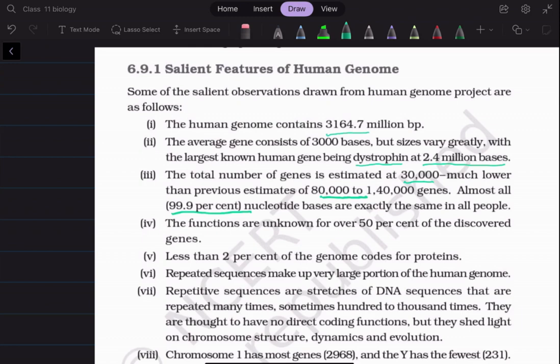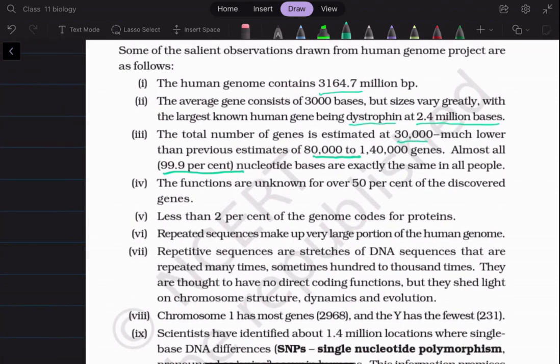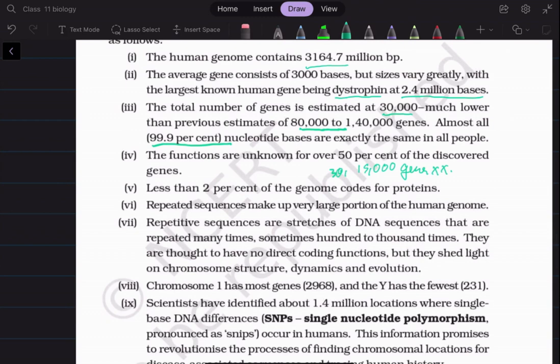Only that 0.1% which is there makes us different from each other. The functions of over 50% of the discovered genes are unknown. So we have 30,000 genes, and for more than half of them the functions are not known. And in these genes, less than 2% actually code for proteins.